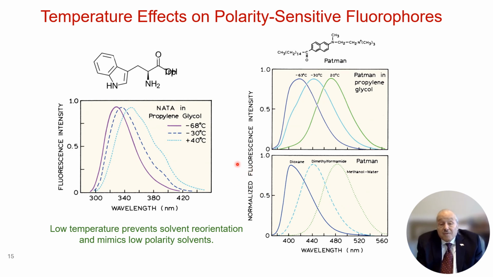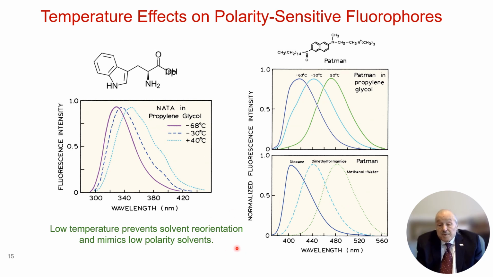But if you take any fluorophore, tryptophan here, make it cooler and cooler, it shifts to the blue. Same thing with this Pac-Man derivative over here. As you cool it down, the spectrum shifts to the blue, which is just like shifting to a less polar solvent.